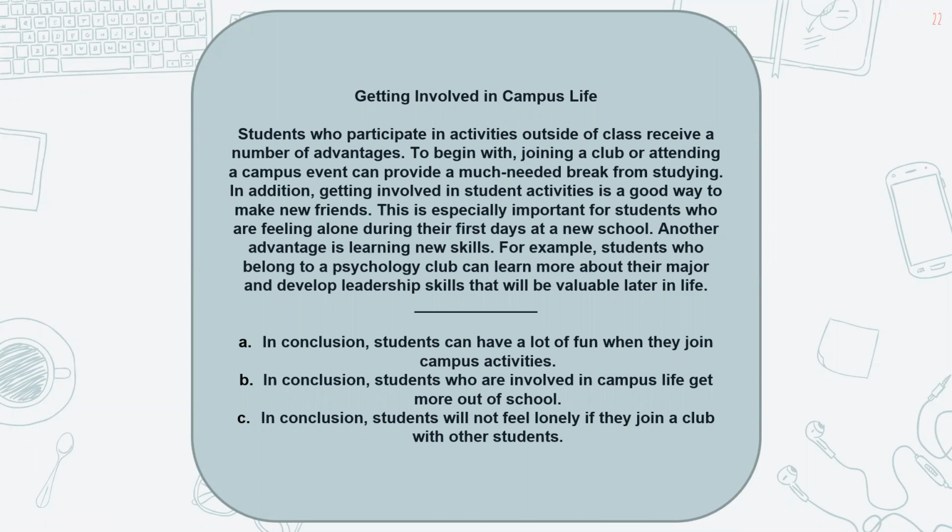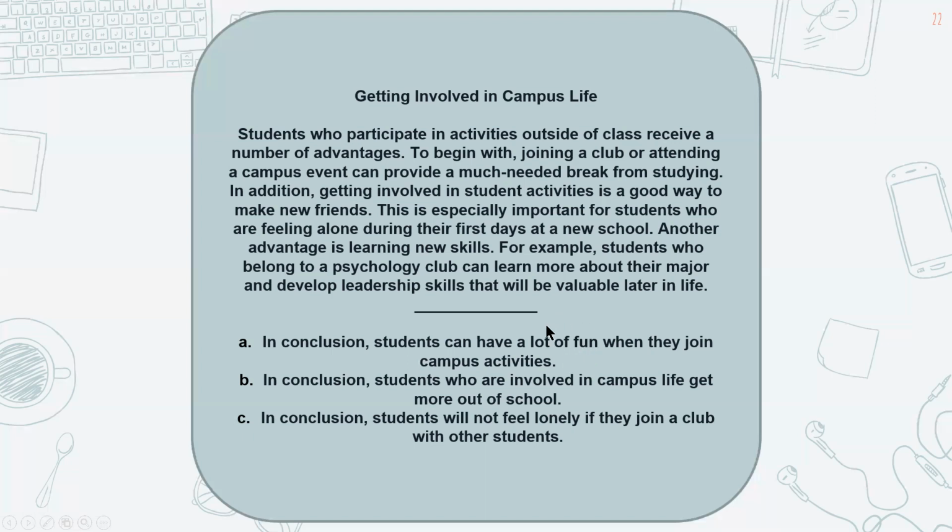To begin with, joining a club or attending a campus event can provide a much needed break from studying. In addition, getting involved in student activities is a good way to make new friends. Okay. Let's read the concluding sentences. In conclusion, students can have a lot of fun when they join campus activities.